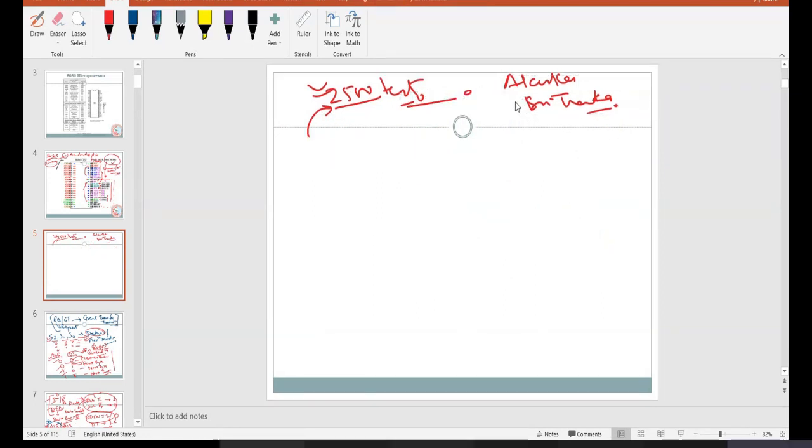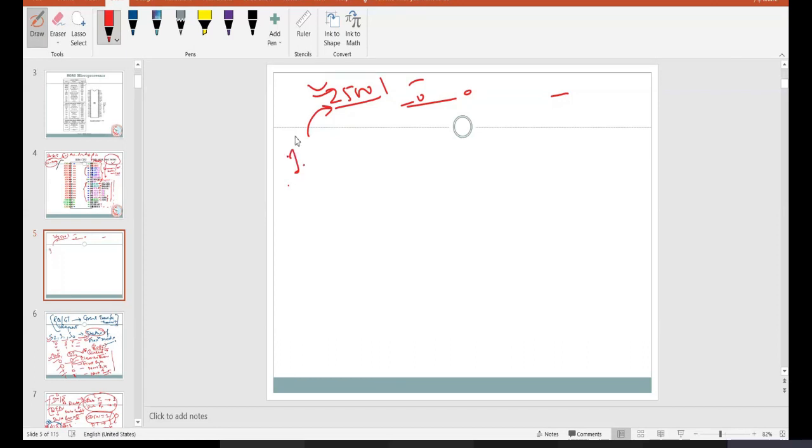I repeat, are we good with everything? There's nothing left to discuss. If this is the case, then I have few questions for you related to this pin diagram. We'll discuss them later.